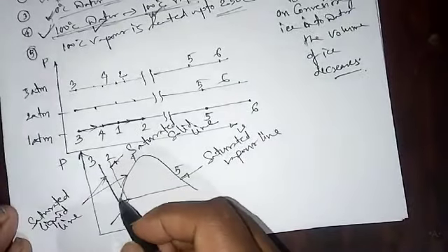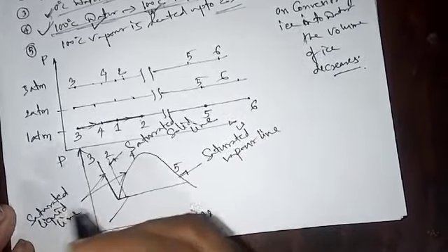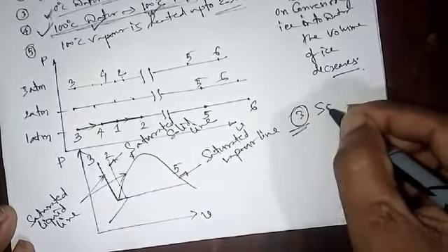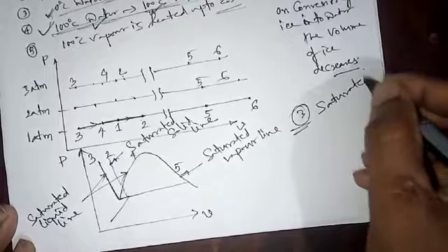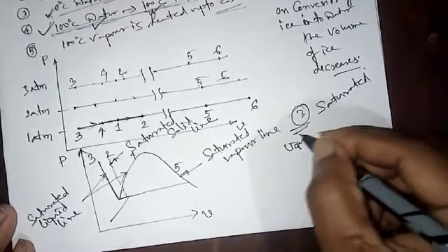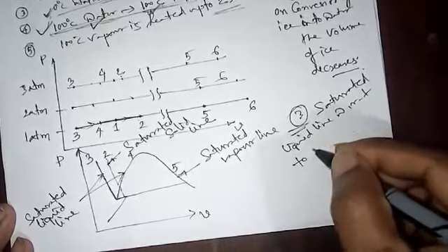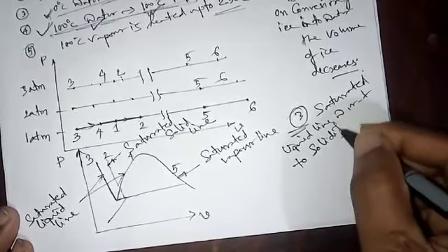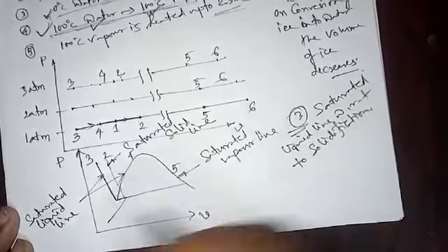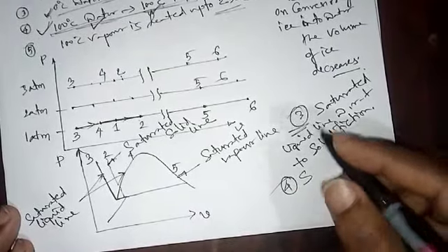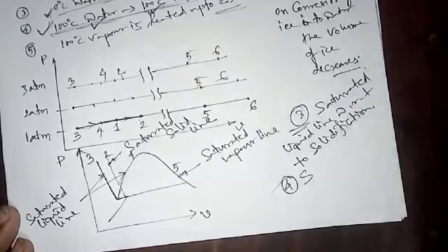Curve 3 and curve 4 are both saturated liquid lines, but curve 3 is known as the saturated liquid line with respect to solidification, and curve 4 is known as the saturated liquid line with respect to vaporization.